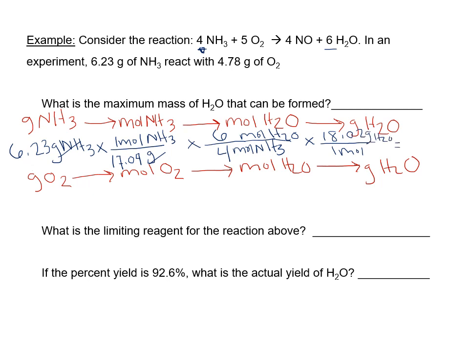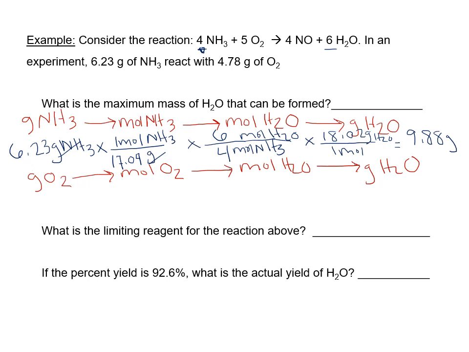And then I just multiply this through. So it would be 6.23 over the 17.04 times the 6 divided by the 4 times 18.02. And the calculator gives me, to 3 significant figures because 6.23 has 3 sig figs, 9.88 grams.